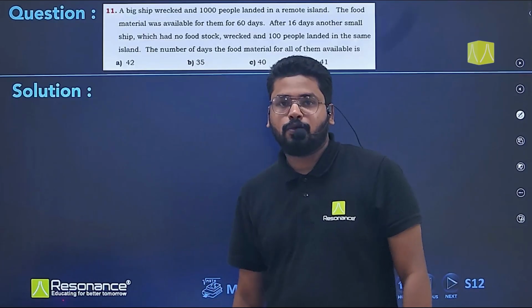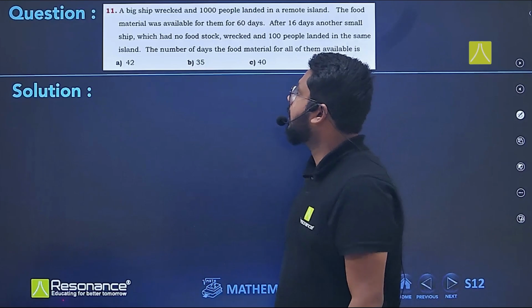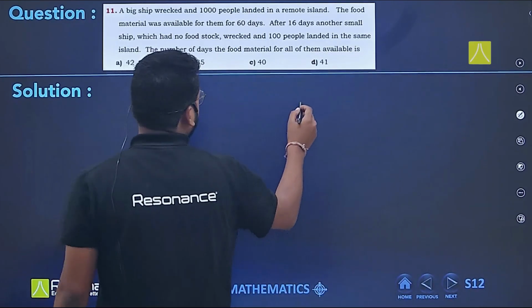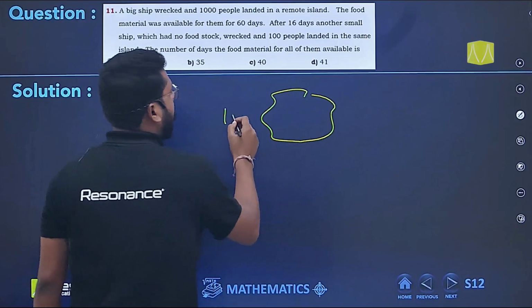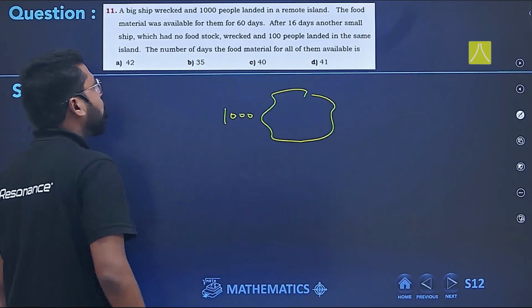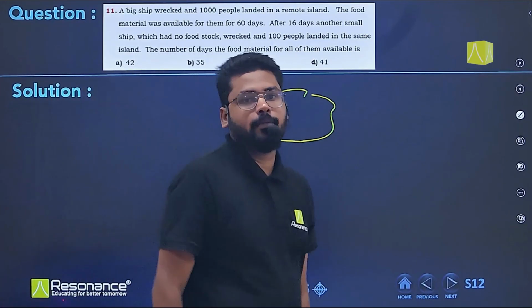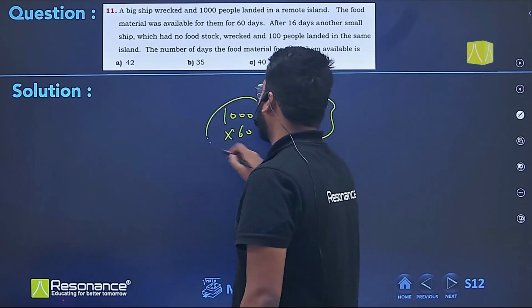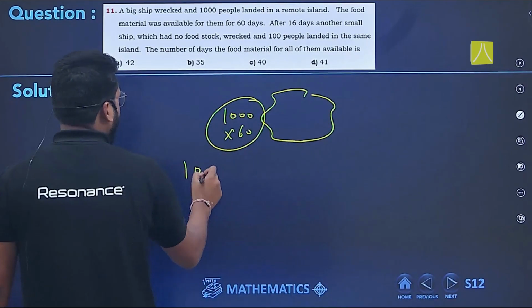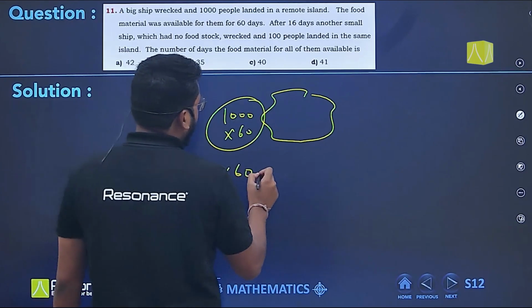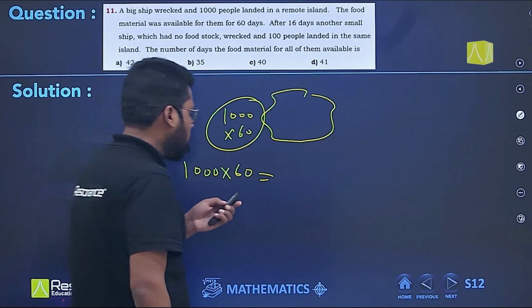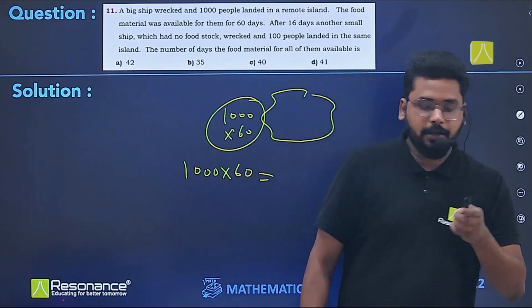Now question number 11 says that a big ship wrecked and 1,000 people landed on a remote island. The food material was available for them for 60 days only. This means the food stock is 1,000 into 60. But after 16 days, another small ship which had no food stock wrecked and 100 people came.